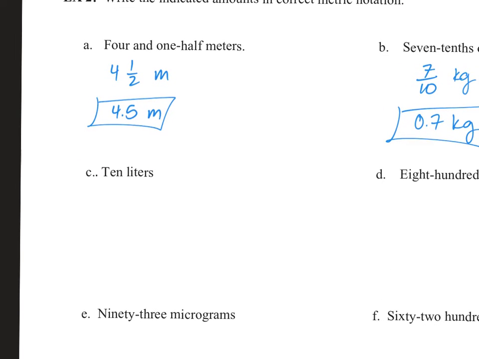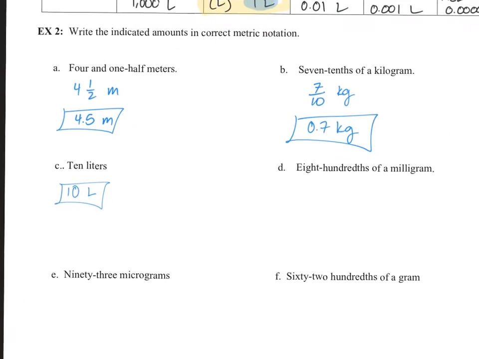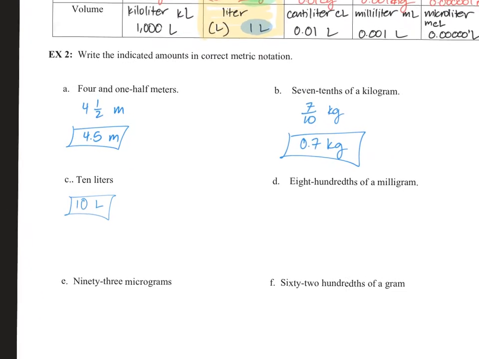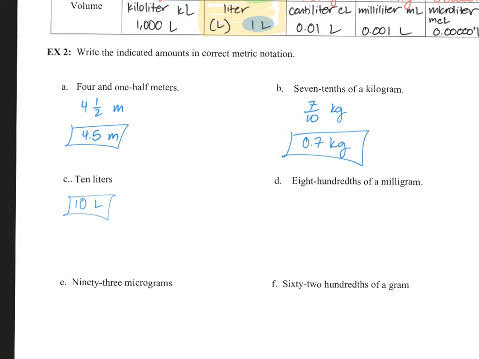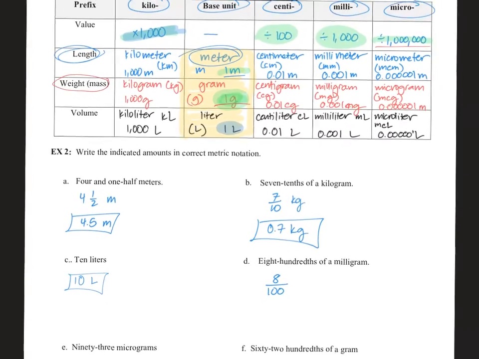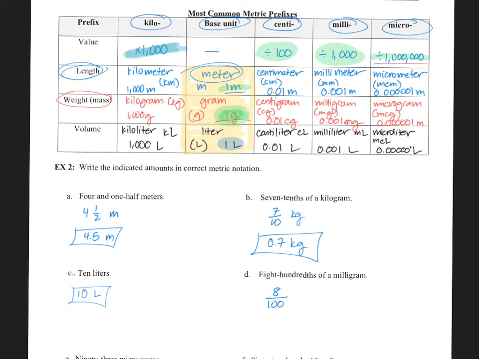So 10 liters. Well, 10 is 10. And then liters, well, remember that one, that's just a capital L. So 10 liters. All right, 8/100ths of a milligram. Let's see, I know that is a fraction, that's 8/100ths. And then milligram. What was the units for milligrams? Where is milligram?